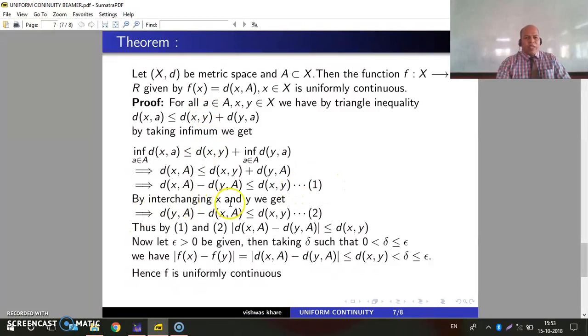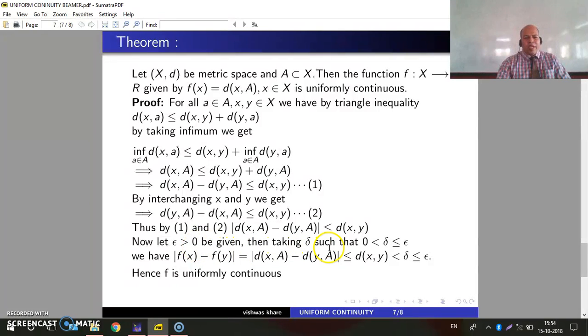By interchanging x and y, we get d(y, A) minus d(x, A) is less than or equal to d(x, y). Thus, by 1 and 2, we have modulus of d(x, A) minus d(y, A) is less than or equal to d(x, y). Now let epsilon greater than 0 be given.